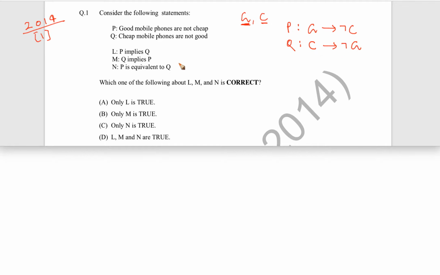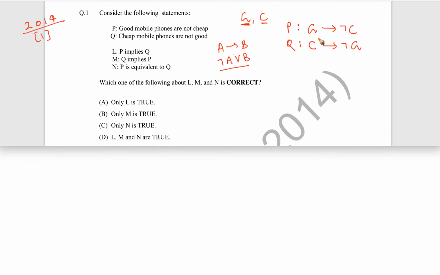Now we have to argue about the relation between P and Q. Is it the case that P implies Q or Q implies P, something like that? For better understanding, we will use this formula. We know that if A implies B, then it can be written as the formula not A or B. This is standard stuff.